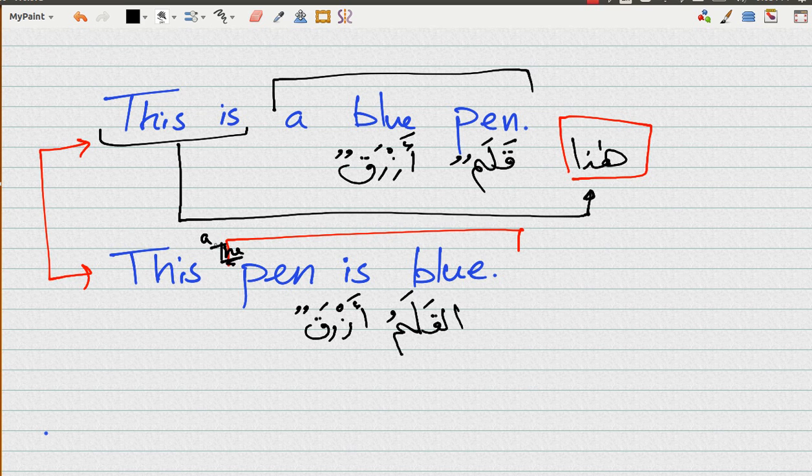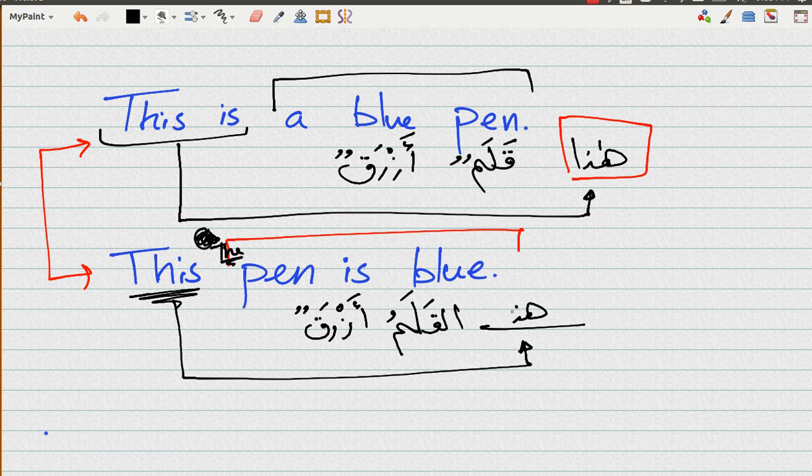And why is it not a blue pen? A pen is blue, sorry. A pen is blue. Because here in the sentence we're trying to point at a specific pen. So it's the pen. القلم أزرق. So we know that object. So we have to translate this to القلم أزرق. Then we put هذا in front. هذا القلم أزرق.